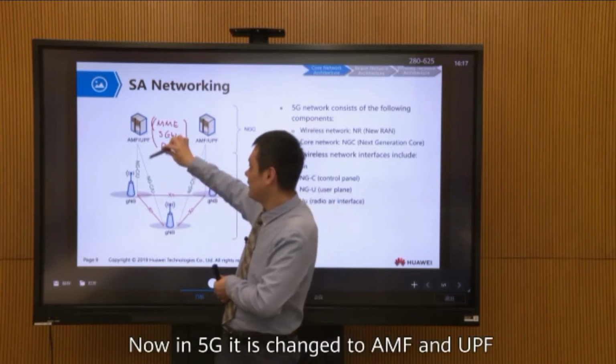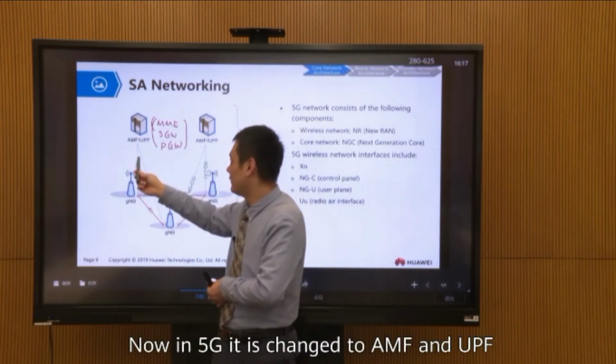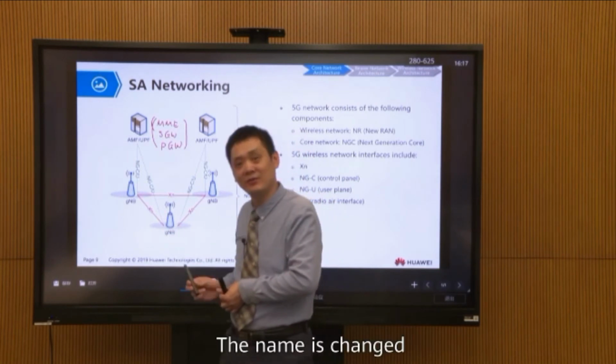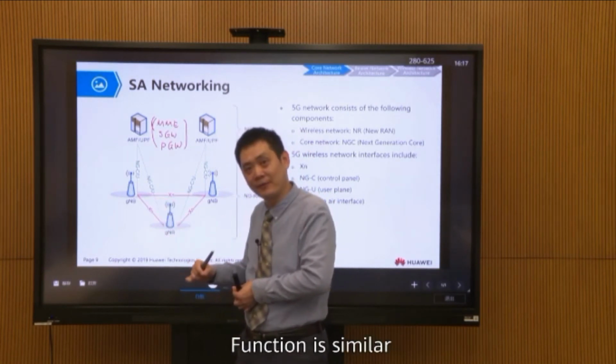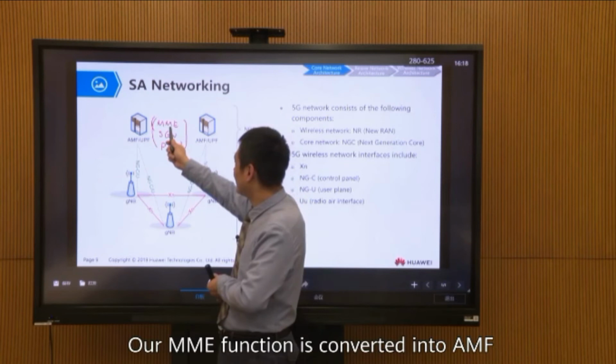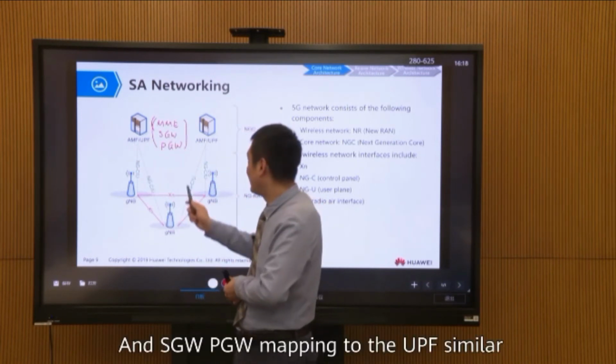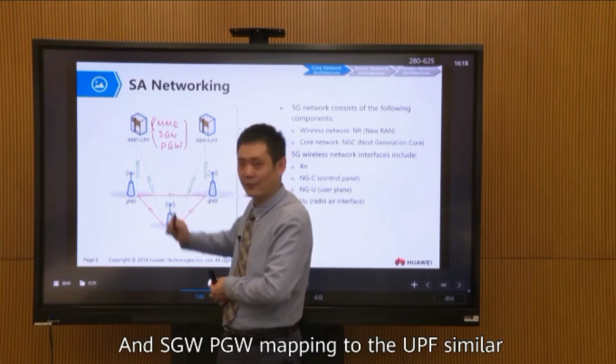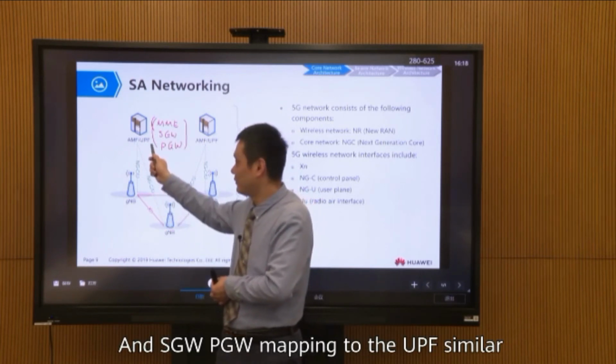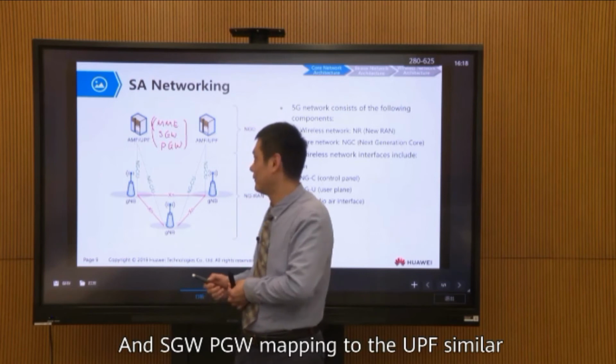Now in 5G, it is changed to AMF and UPF. The name is changed, but the function is similar. Our MME's function is converted into AMF, and SGW and PGW are mapped to the UPF.